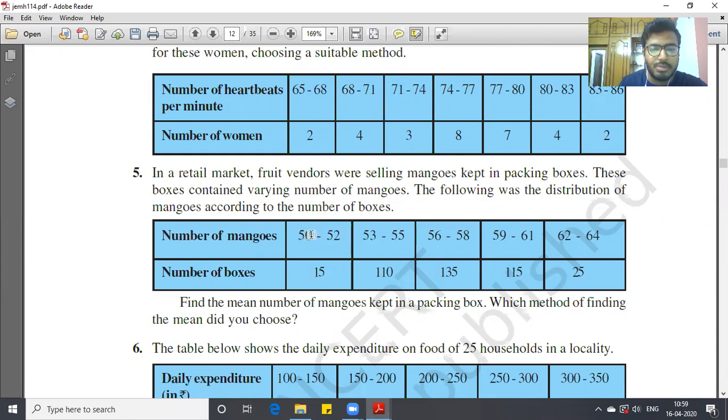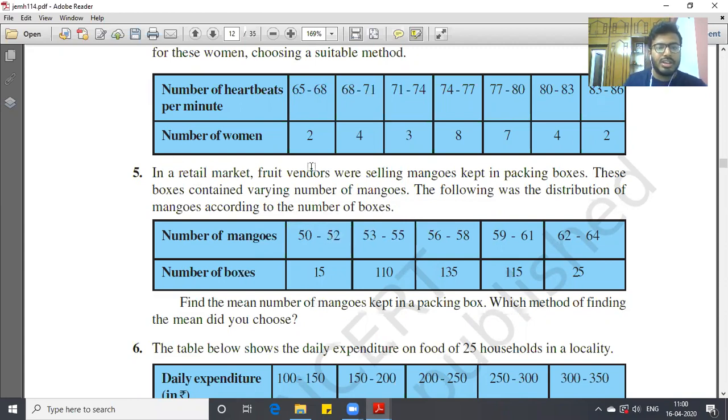Here 50 to 52 is followed by 53 to 55, and 53 comes after 52, so it is not continuous. We learned last year also that you have to make it continuous. To do that, in the lower limit you subtract 0.5, and in the upper limit you add 0.5.